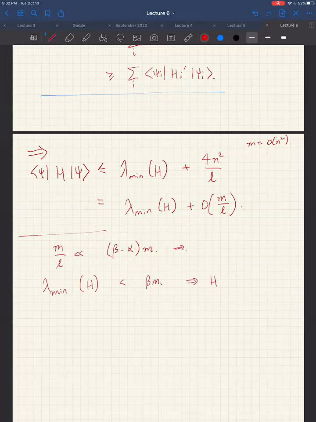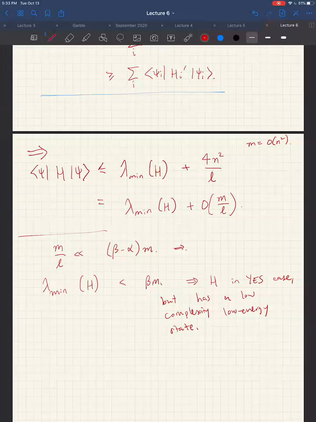So H is in the yes case, but has a low complexity, low energy state. Okay, does that make sense to people?